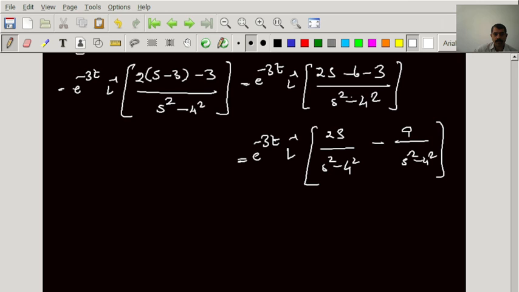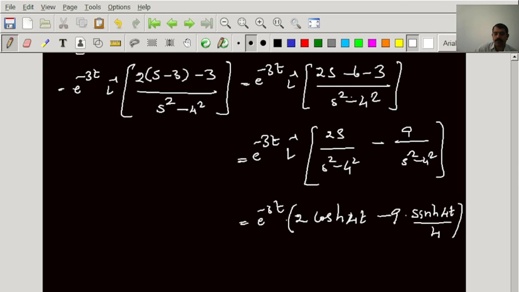So here e power minus 3t inverse Laplace of 2s. 2 multiplication is there, so we write 2 into s by s square minus 4 square is nothing but cos hyperbolic function of 4t, minus 9 into 1 by, we can write it as sine hyperbolic function of 4t, numerator 4 is not there, so we write denominator 4.